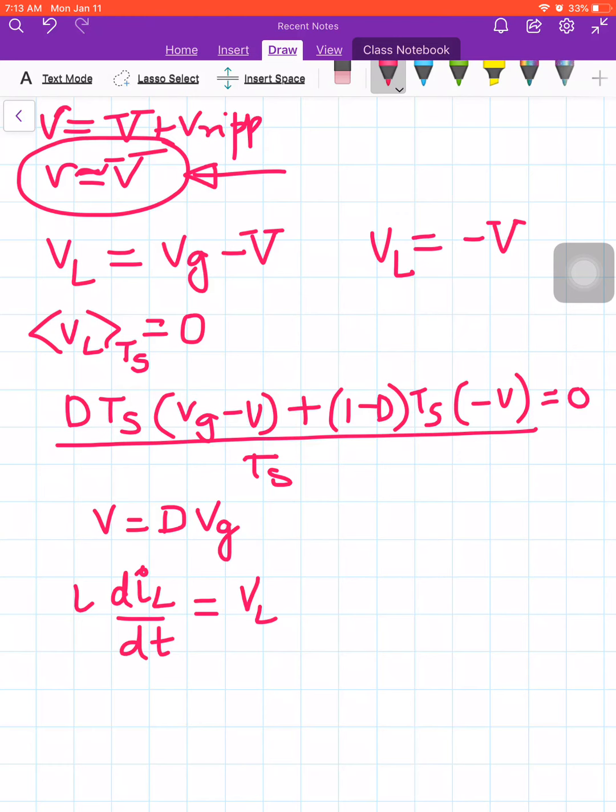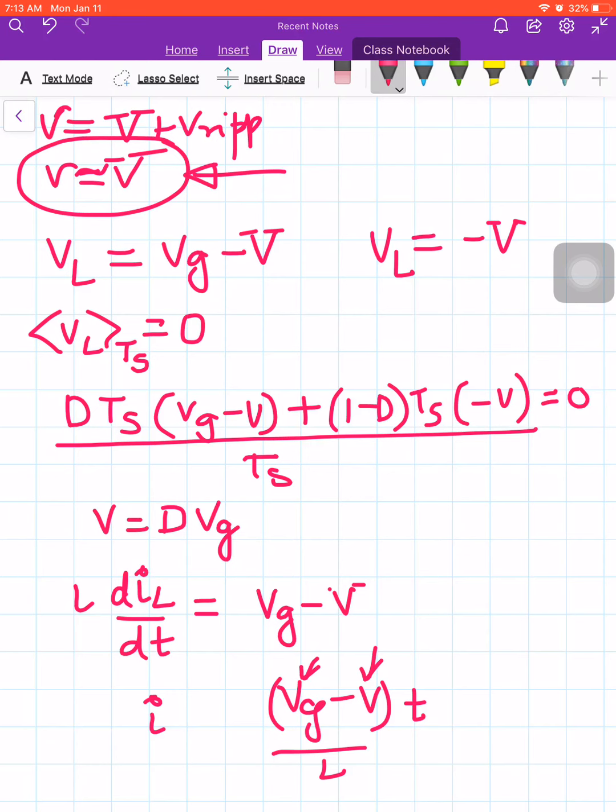During turn on, it is Vg minus capital V. So I want to find the expression for inductor current, and dIL by dt should be Vg minus V divided by L. Since this is constant, iL of t is this during 0 less than t less than D Ts, right?